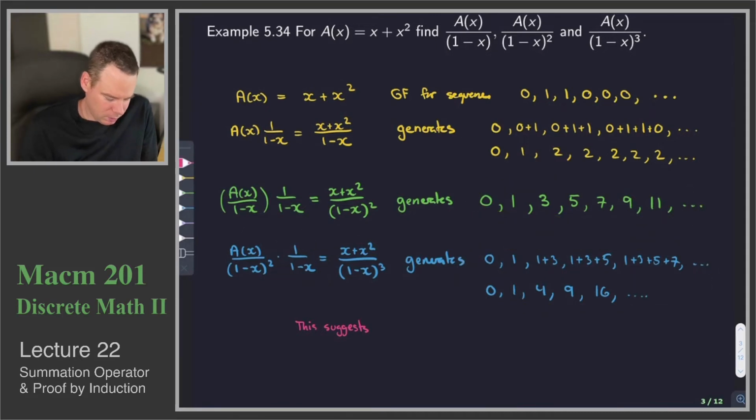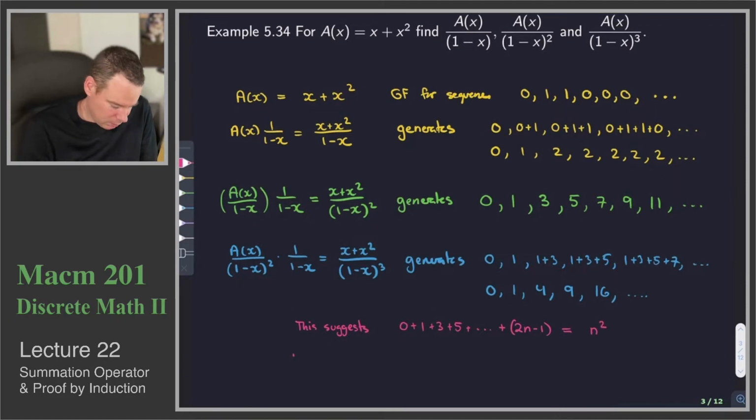This is suggesting the following result. This suggests that 0 plus 1 plus 3 plus 5 plus ... all the way up to some final odd number, let's say 2n minus 1, is equal to n squared. So that's what this is suggesting.